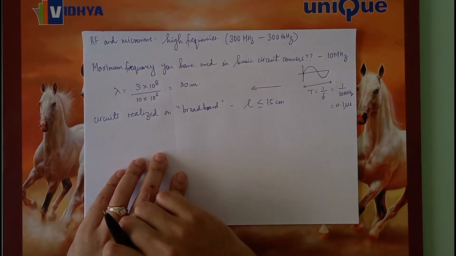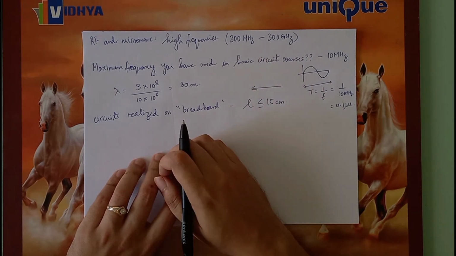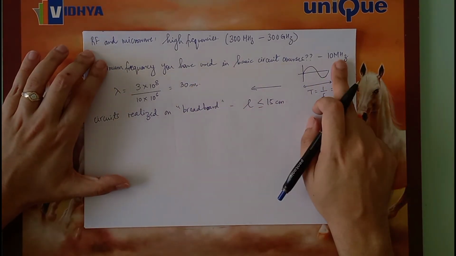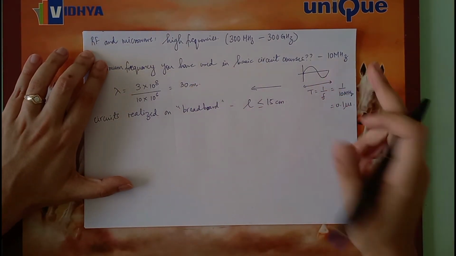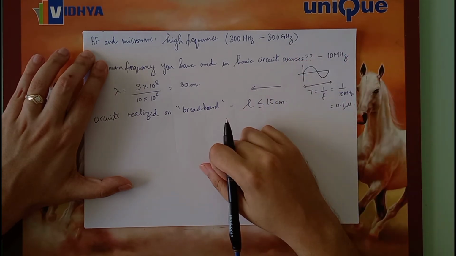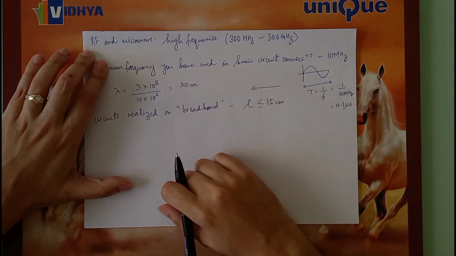So this is one observation we can make very quickly. If the frequency is 10 megahertz, I can say that the dimension of my circuit is much smaller as compared to the wavelength of the wave that is traveling in the circuit.